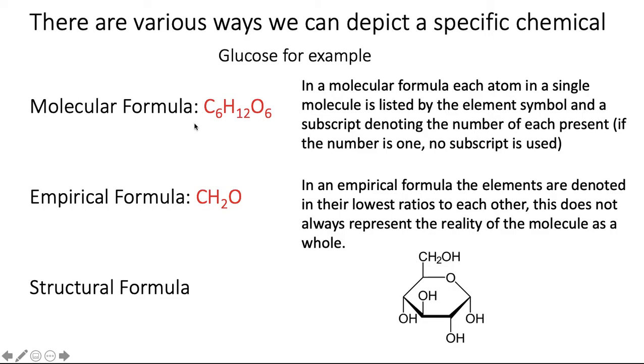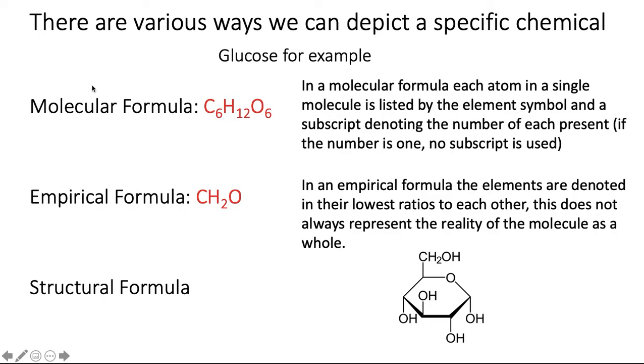For example, if I had a molecule that had, let's see, instead of 6 here, I would have 7, 14, and 7. That would still give me CH2O, but it would be C7H14O7 instead of C6H12O6, which would be a slightly different molecule.